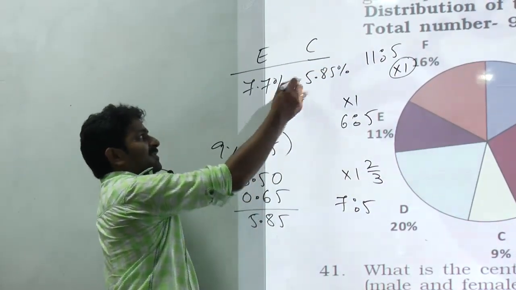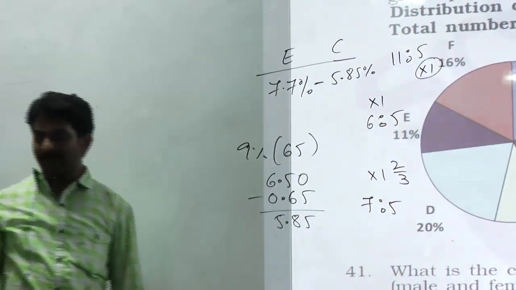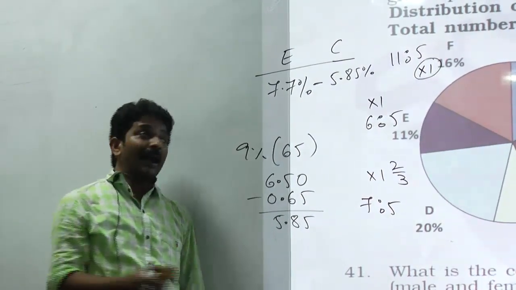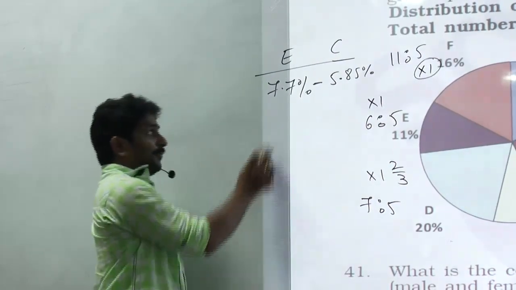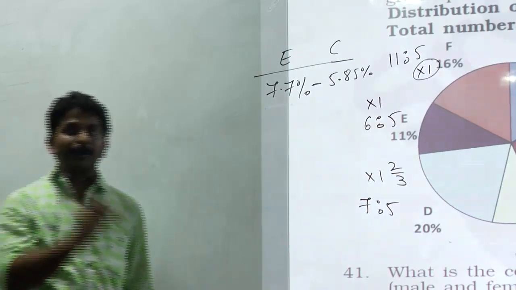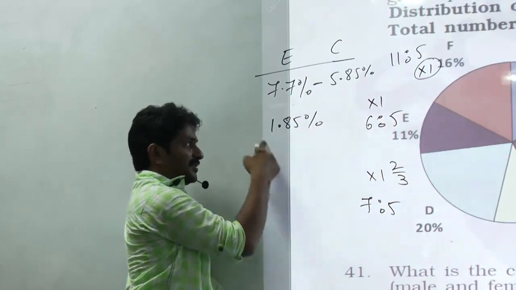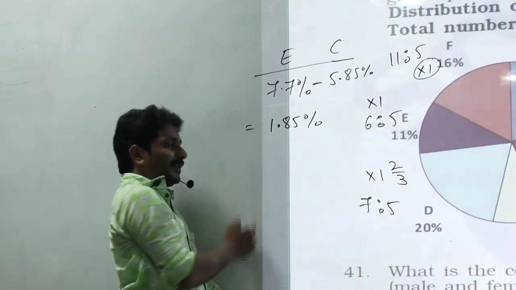You're asked about difference. Instead of 5.85%, you subtract 6 and add 0.15%. If you subtract 6 from 7.7, you have 1.7 and then 0.15%, that is 1.85%. This is your difference.